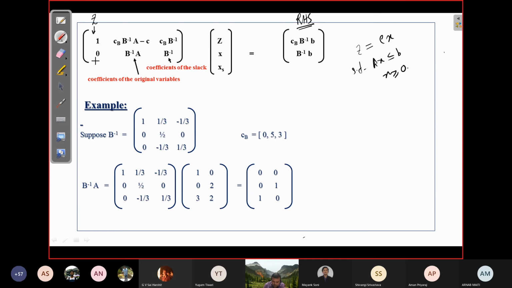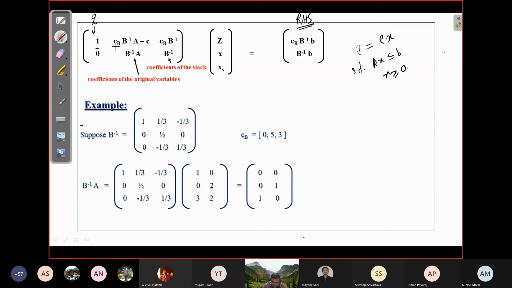If you have 3 constraints, it will be a column of zeros. So 0 is a vector, whereas 1 is a scalar. I'm writing 0 bar just to show that 0 is a vector quantity. So this column, 1, then 0, 0, 0, is the column corresponding to Z, the objective value.